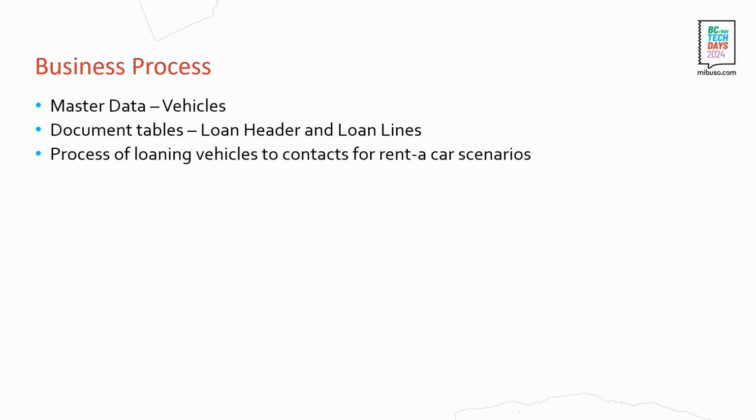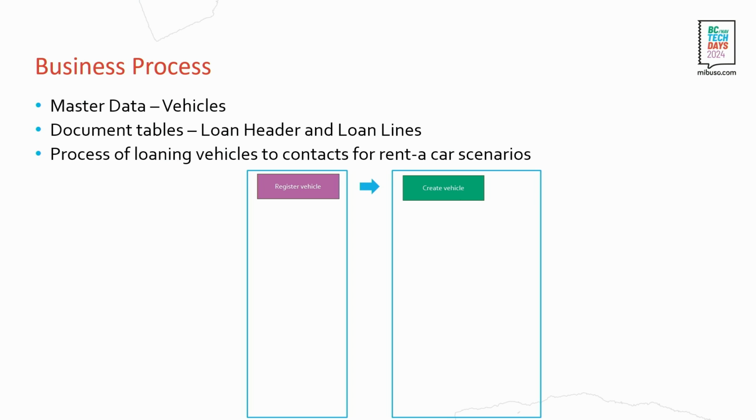And our process is that we need to register some vehicles. For this, we can use a model-driven Power App that will send data to Business Central through data sync. It will create a record in the Business Central table vehicle. After that, we are going to give that car or vehicle to our user, our contact.